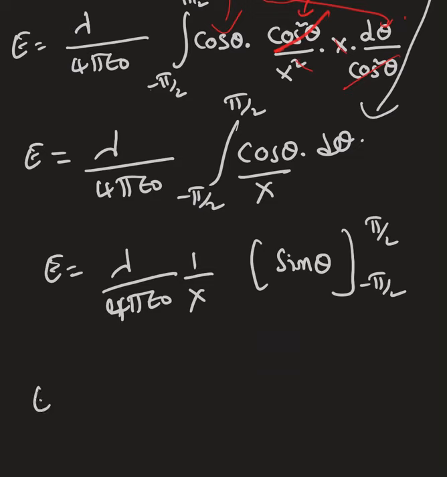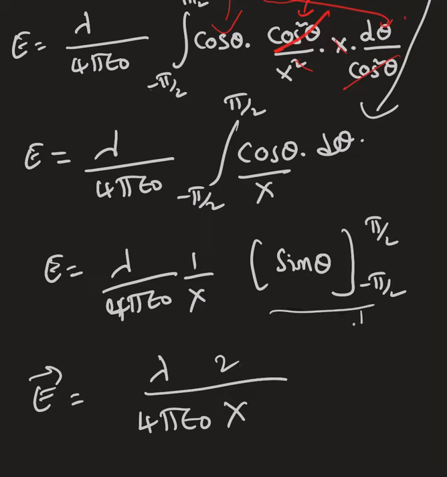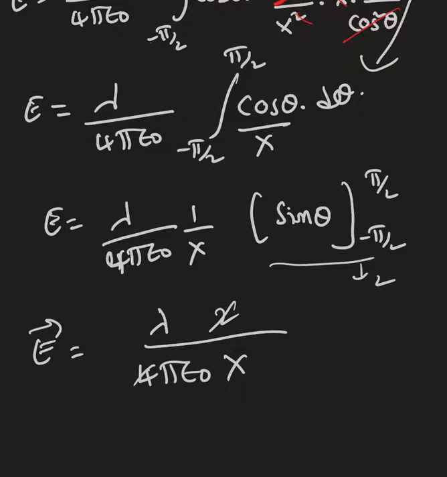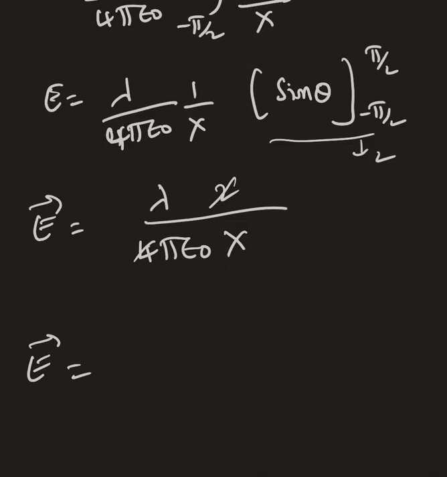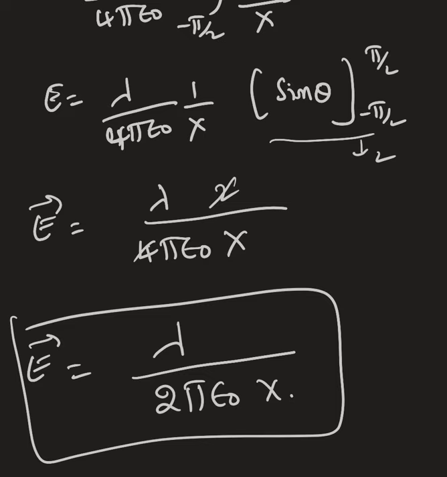So the electric field at point P because of the long line of charge equal to lambda over 4 pi epsilon naught x times sine pi by 2 upper limit minus lower limit. Sine pi by 2 is 1, minus of minus 1 is positive 1, so this value is 2, and the 2 gets cancelled out. So the electric field at point P because of the long line of charge is lambda over 2 pi epsilon naught times x.